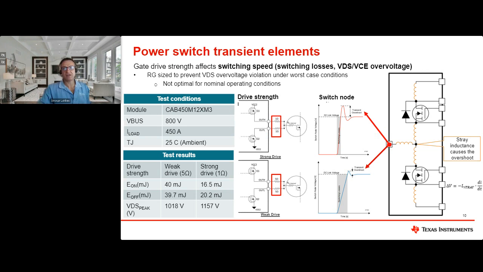You will see that the energy loss is basically 2x or more than 2x less, over 2x in this particular case, the turn-on, and about 2x less on the turn-off energy, but the overshoot is almost 150, 160 volts higher, and that's a trade-off you will be playing with. The good news is that with this driver, you can do both.